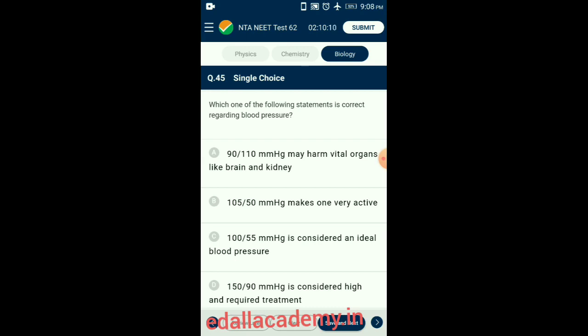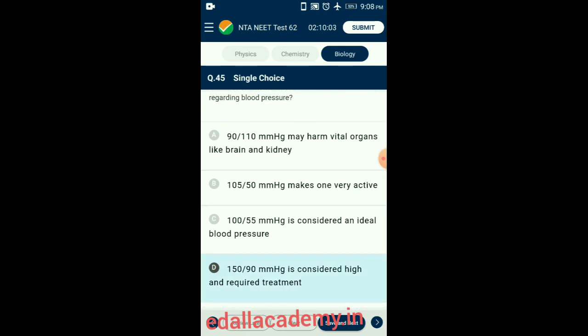Otherwise, it may affect vital organs like the kidney and brain. It is called hypertension. So the answer is option D. 150/90 mmHg is considered high and requires treatment.